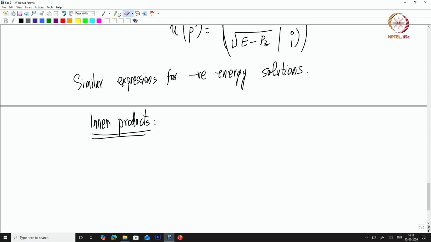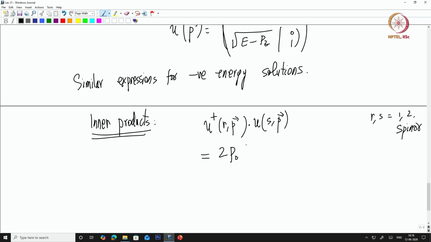Let me write it in the standard notation: u dagger of r p dot u of s p, with r, s equal to 1 and 2, these are the two spinor indices or spin indices, is equal to 2 p 0 delta r s.